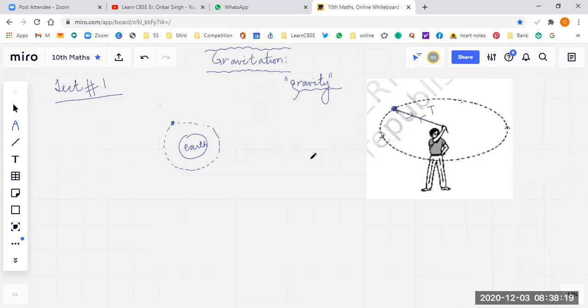So basically, you see, if the string is not there, this stone will not move in circular motion.